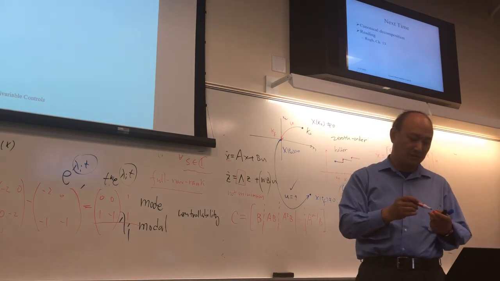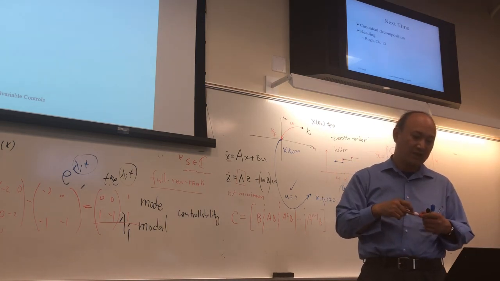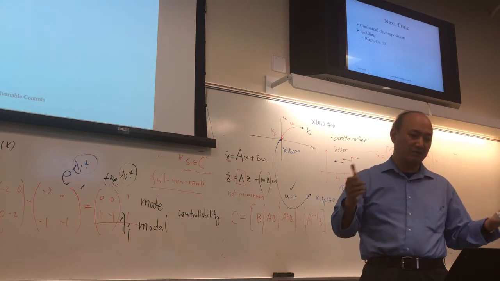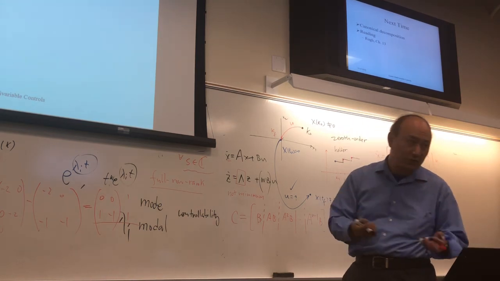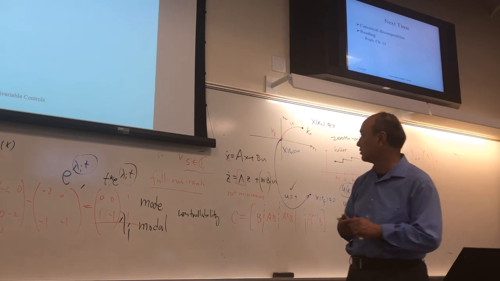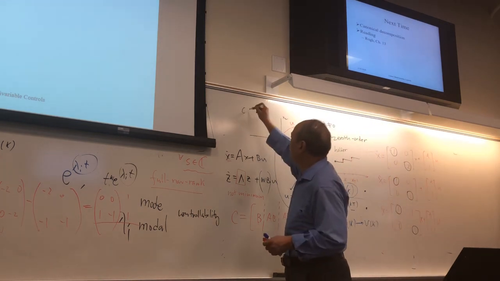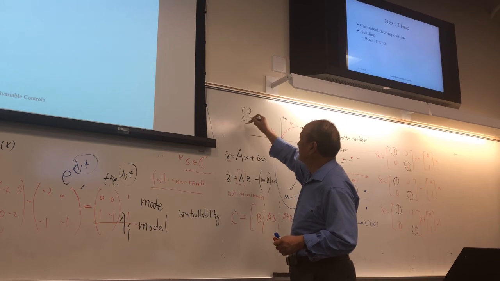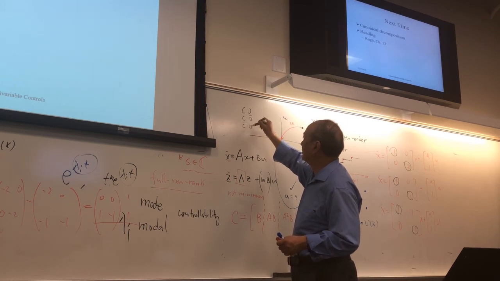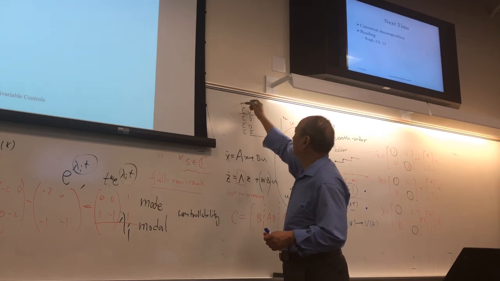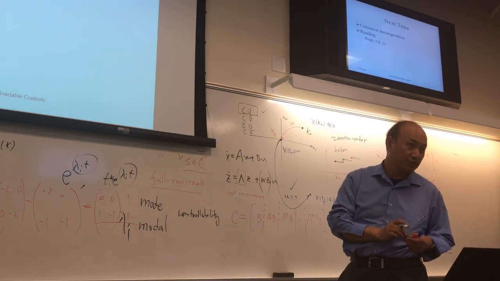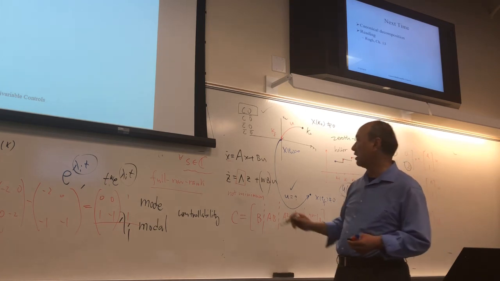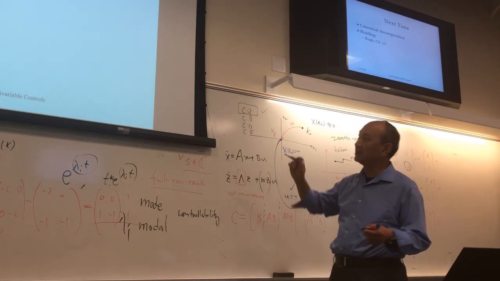And then we are going to see the state space can be partitioned into four parts: controllable and observable, controllable but not observable, not controllable but observable, and not controllable and not observable. We always assume the first here, but in reality it may not be true. For that, how are we going to decompose it?